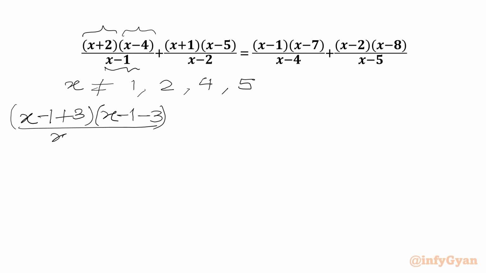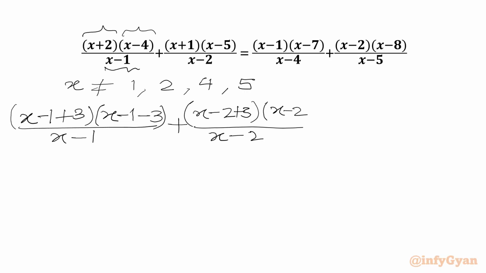In denominator x minus 1 is there, plus we have denominator x minus 2. So we will try to write x plus 1 in terms of x minus 2: x minus 2 plus 3, x minus 2 minus 3, equal to denominator is x minus 4.